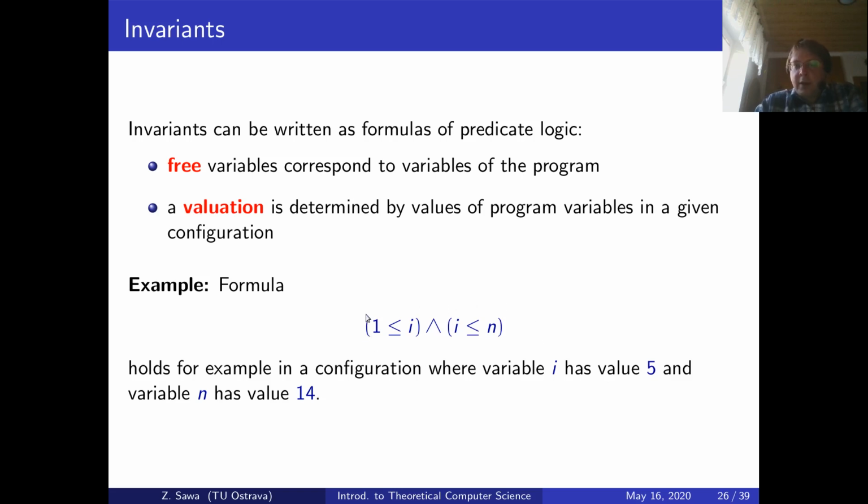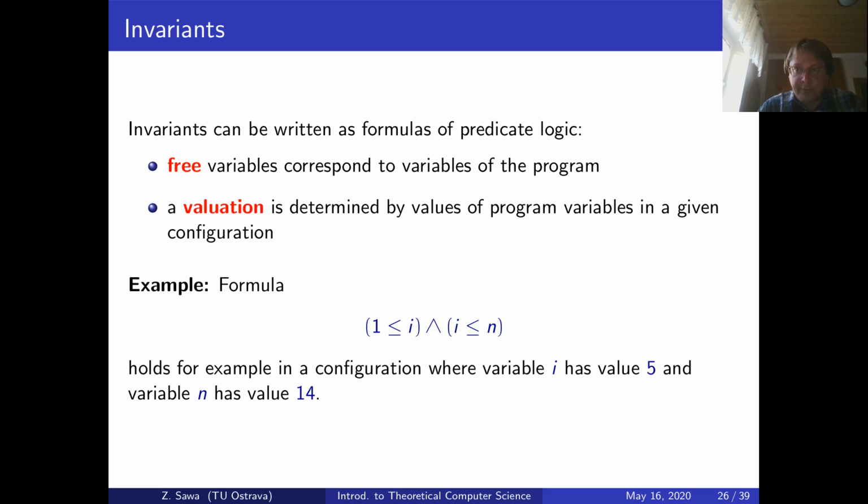So now for such formulas it makes sense. Interpretation gives us the meaning of this less or equal to and so on, or other kinds of relations and functions that would be used in the formula, and valuations now correspond to each configuration during the computation of the machine.